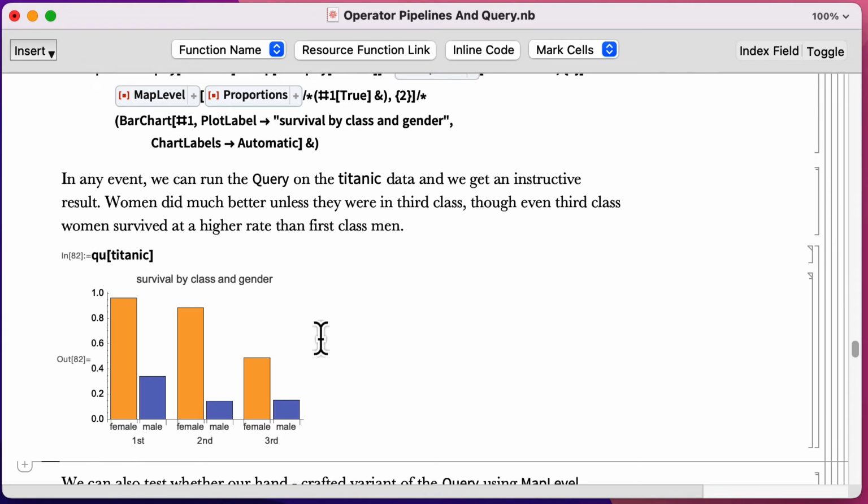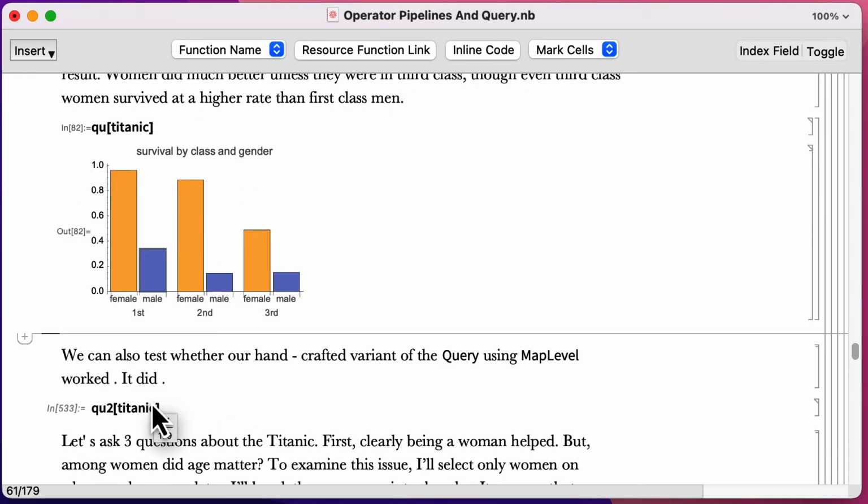And actually, to me, what's interesting is gender really mattered in determining whether you got on that lifeboat or not. Even males in first class did worse than females in third class. And for males, once you were out of first class, things weren't looking very good.